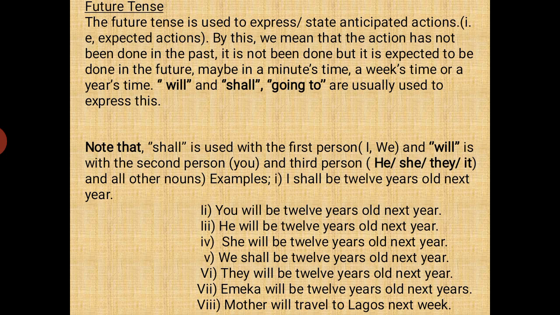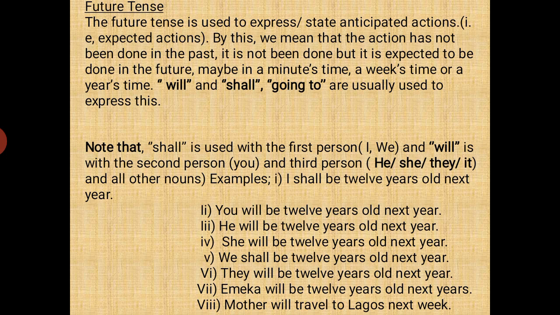By this we mean that the action has not been done in the past. It has not been done, but it is expected to be done in the future, maybe in a minute's time, a week's time, a year's time, and so on.